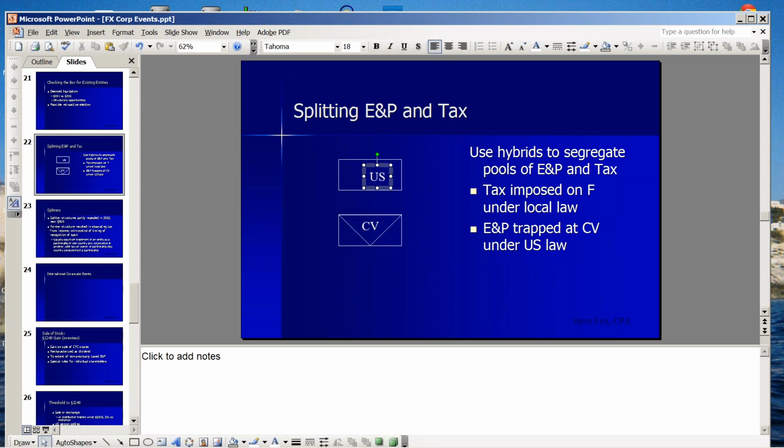However, splitter still works if there's a foreign entity up on top and that foreign entity is not getting subpart F income as a result of this. In other words, if there's no current U.S. taxation of this lower tier earnings, then the taxes can flow up to the upper tier entity.